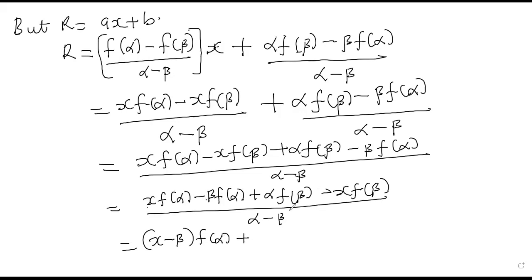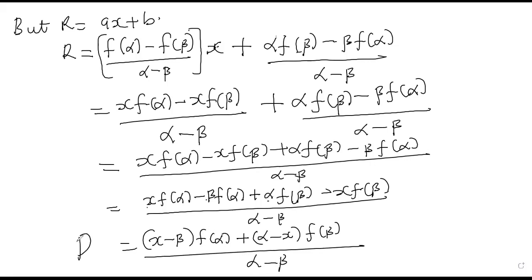So plus, since f of beta is common, I will say alpha minus x, then f of beta, then everything out of alpha minus beta as my remainder and as required. So that is what you're supposed to get as your remainder for that. I can't go beyond this. I have sent it to your group in case you are not copying, so that you take much time and go through it.